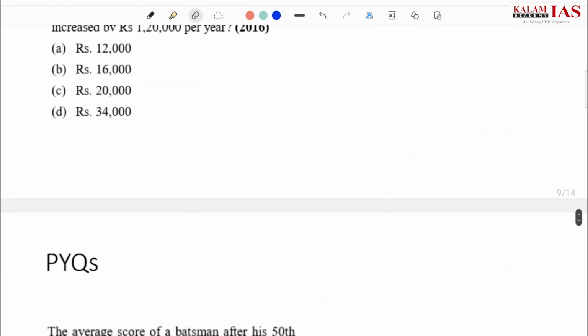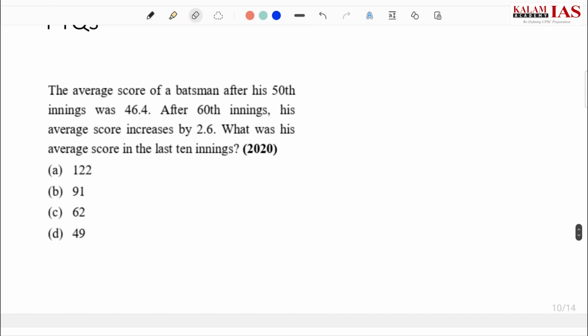ठीक है, लेट्स अटेम्प्ट द नेक्स्ट क्वेश्चन. You have another 1.5 minutes.